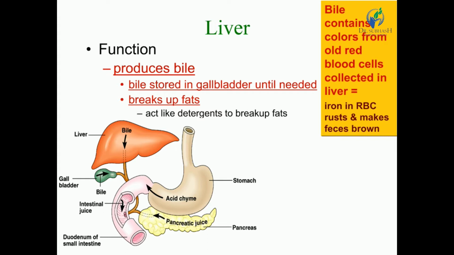So here we have discussed the functions. What I forgot to discuss during the physiology is that bile contains the colors from the old red blood cells. That is collected into the liver, and the iron in the RBCs rusts, and the presence of this iron in the feces provides the brown color to the feces.